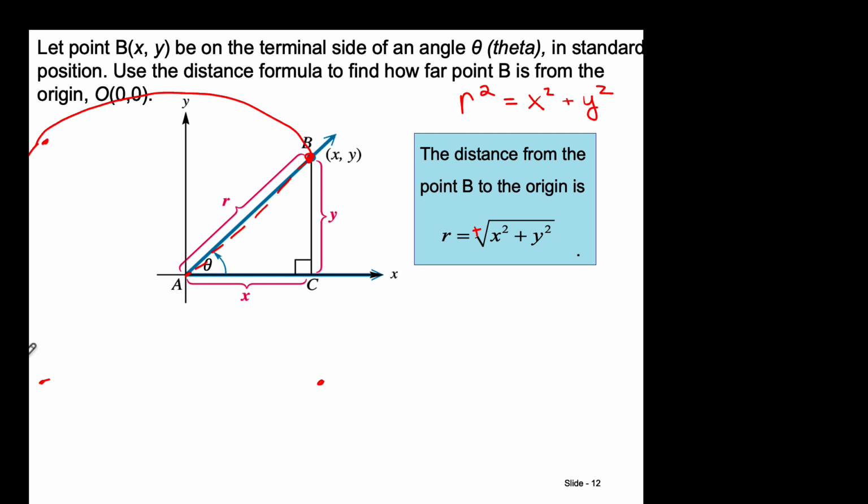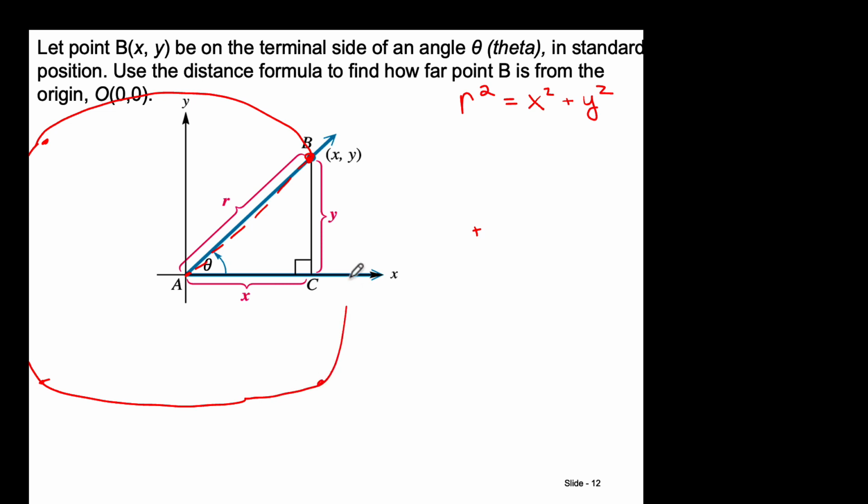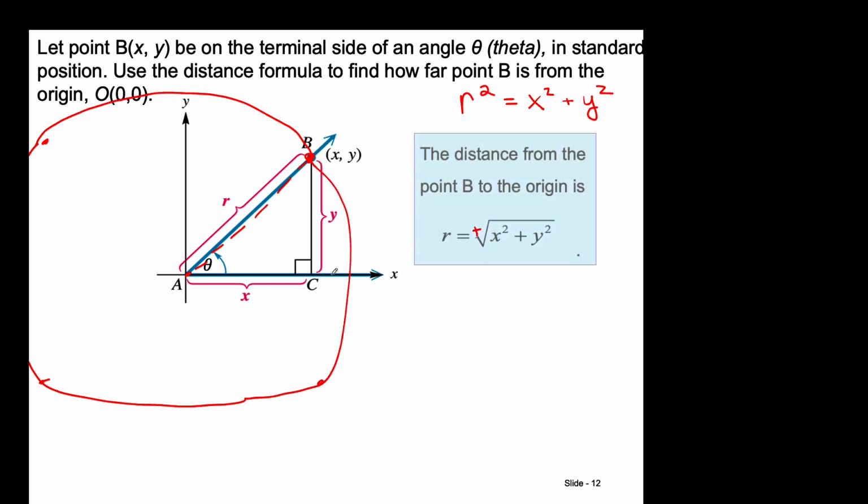Why? Because it's the radius of the circle. Once the radius is set, the distance from the center of the circle to any point on the circle will be the same. That's another reason why they use the lowercase r for x, y, and r when we're talking about an angle in standard position. So r for radius, which is always going to be positive.